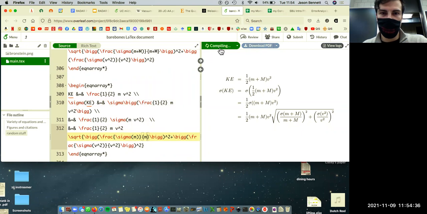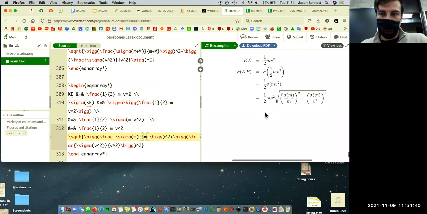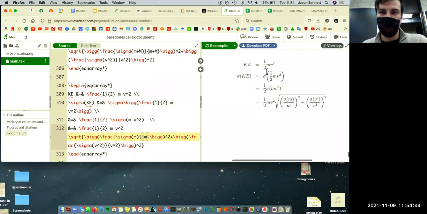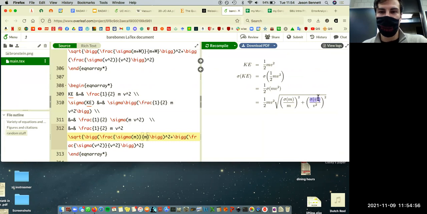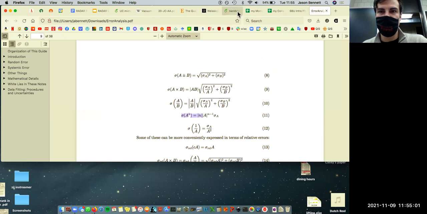Can I get rid of all of them? Yes, okay. So this is the same exact step that we did for the conservation of energy lab, but now we have this, which is the problem, because unless we make our own cell, we don't have that information. And so what we can do is use equation 11 inside this equation.